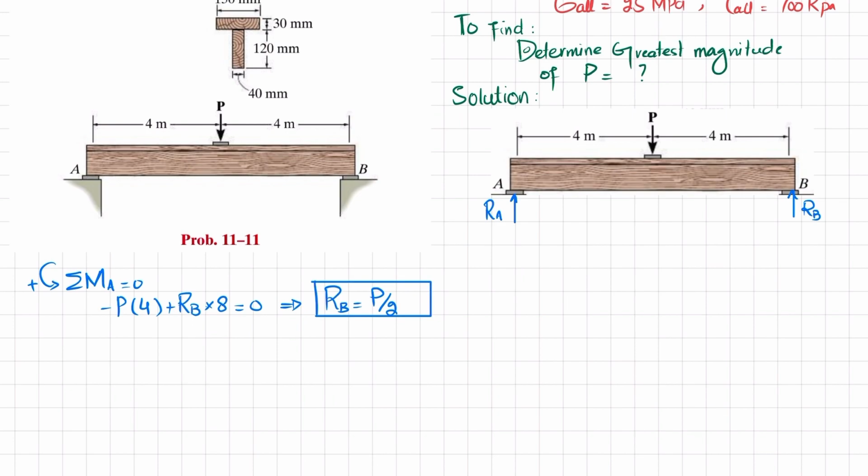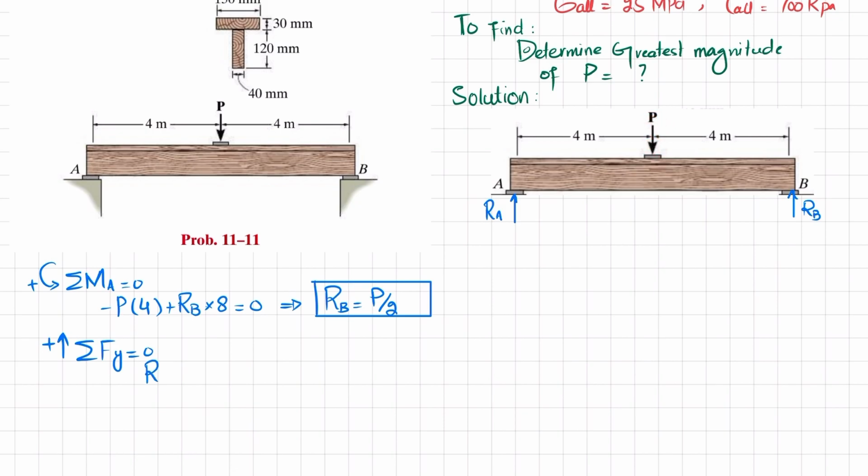Now we will find RA by using the second equilibrium condition, that the sum of all forces along the y direction must be equal to 0, taking the upward force as positive. So we have three forces. One is RA which is upward, and RB which is also upward, so both will be positive, and the third one is minus P which is downward.